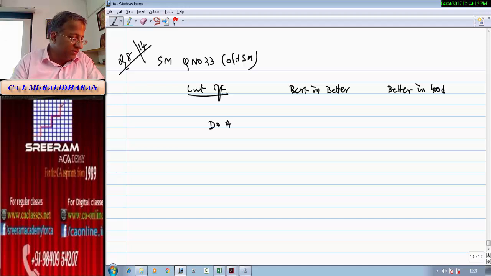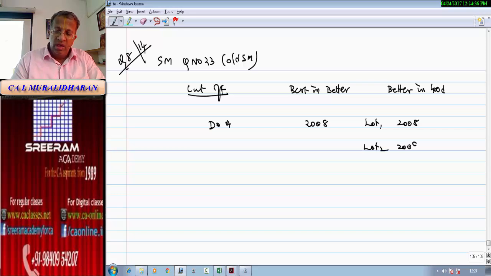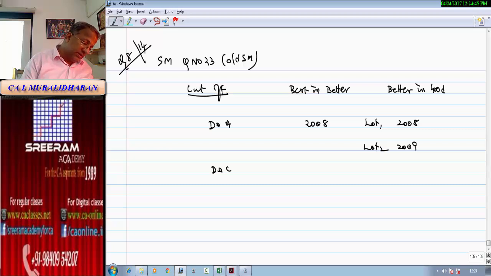Date of acquisition 2008, and here also 2008, lot number 1, lot number 2, (2009). Date of consolidation 30th of June 11.